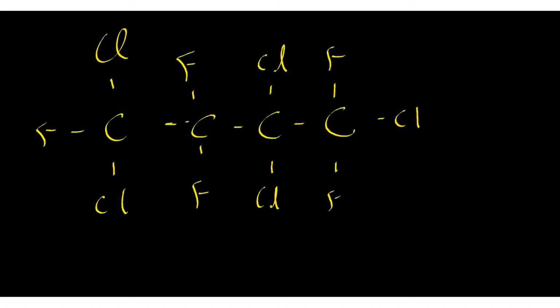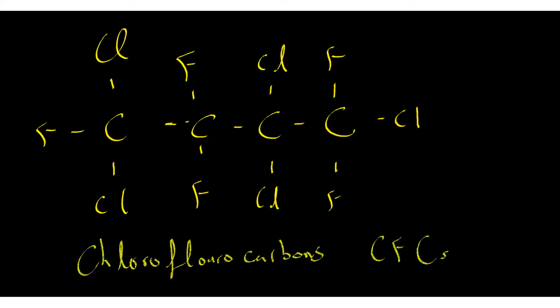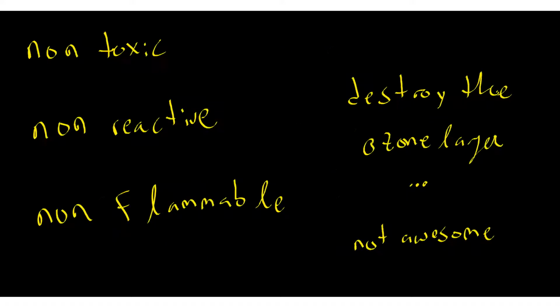The problem is that, I can just show you one. Here it is. You see it's been fully substituted with chlorines and fluorines. So this right here is part of a class of compounds known as chlorofluorocarbons. You might recognize that, therefore, as the thing that destroys the ozone layer.